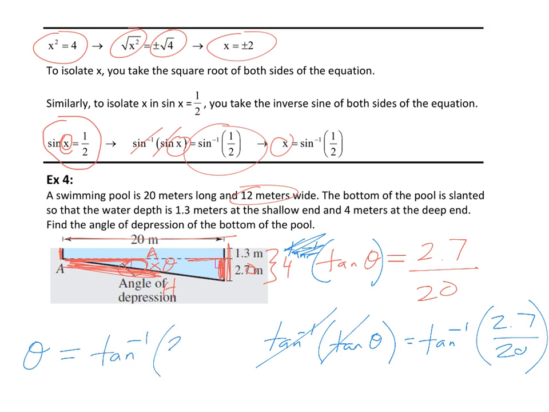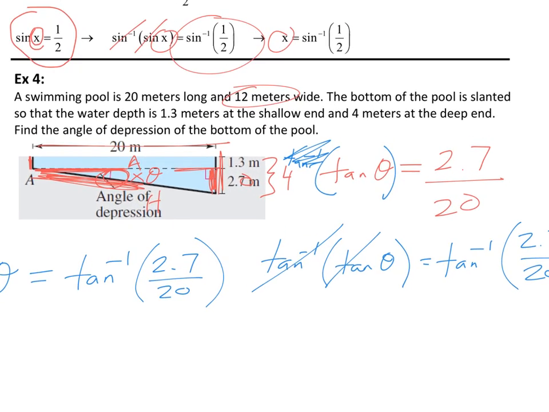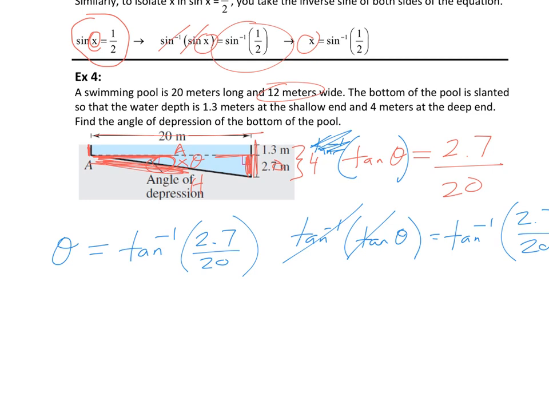You take the inverse tangent of 2.7 over 20. And now this is the power of the inverse tangent. By using the inverse tangent, you will acquire an angle measurement. There's our theta. Angle of depression is 7.7 degrees.